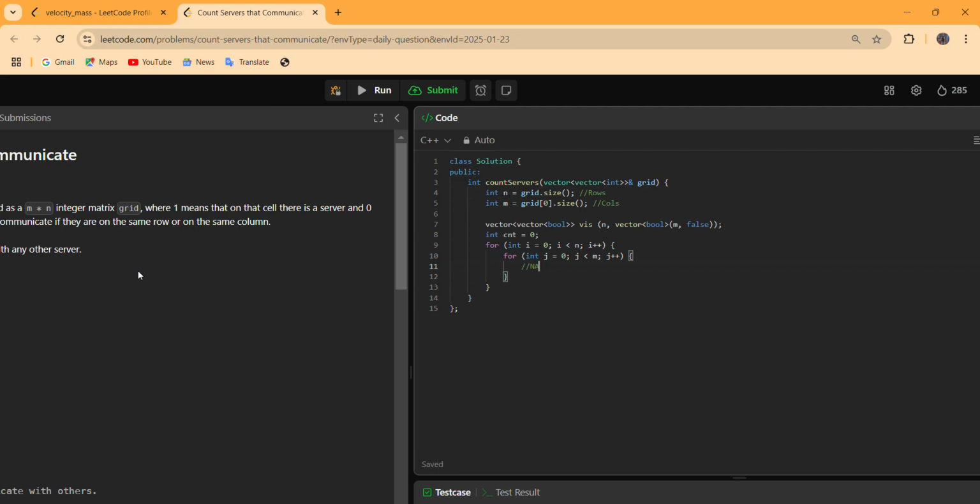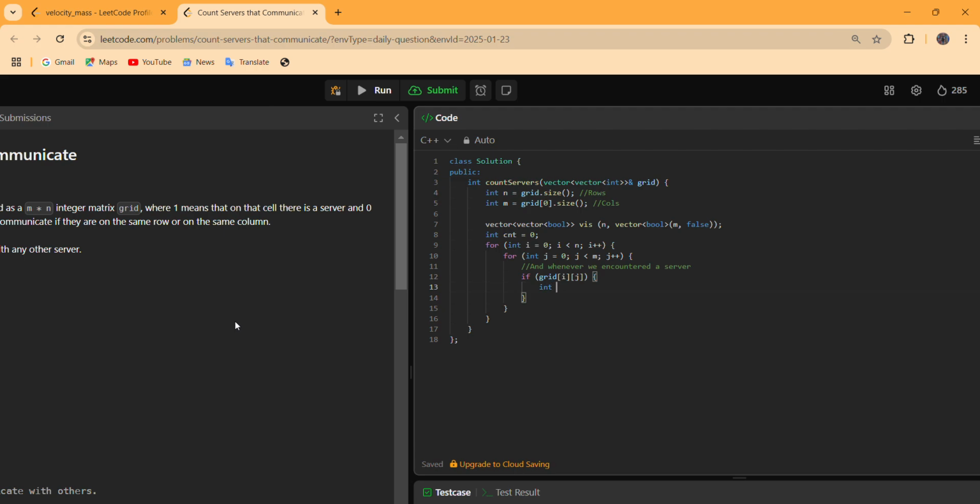and whenever we encounter a server, we have to find the immediate left, right, above, and down coordinates for this.